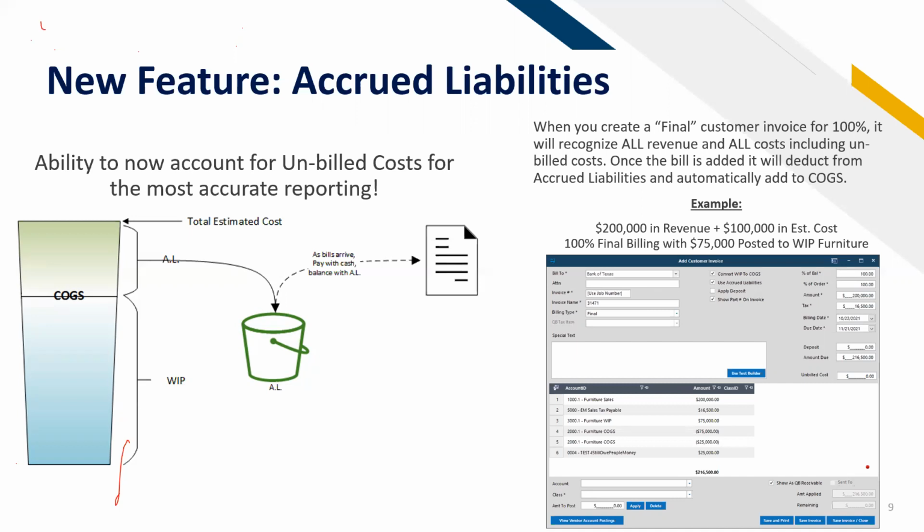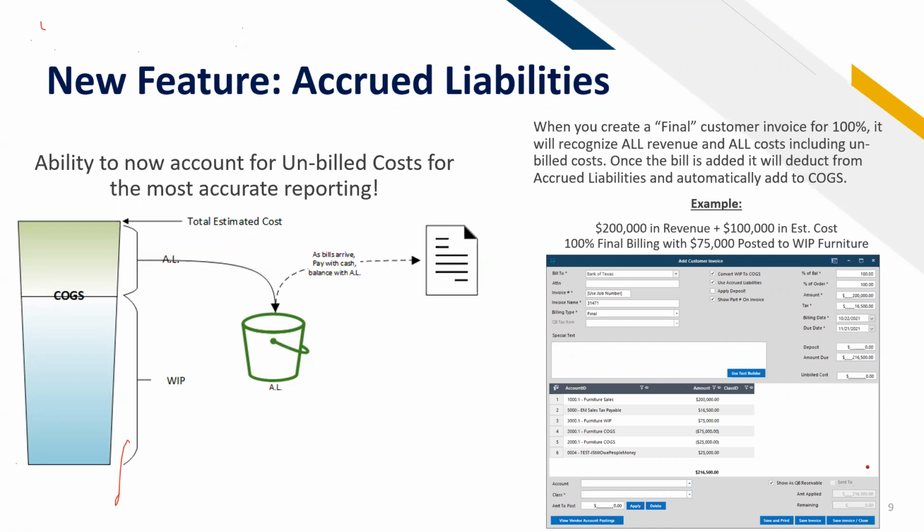When we are creating final customer invoices and you don't have all of your costs accounted for, it will now recognize that and post that amount to an accrued liabilities account. So this visual here is really about the buckets that we put everything in. That's kind of, in a nutshell, what we're doing in accounting: making sure everything's in the right bucket so that when we go to do reporting and reconciling, everything's in the right bucket.